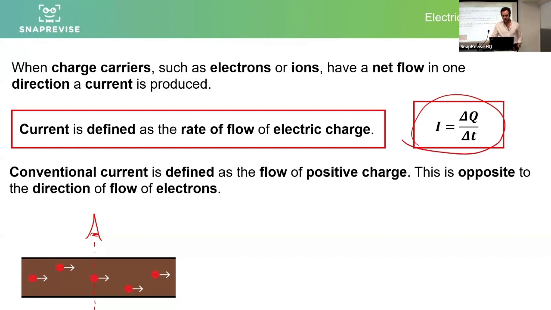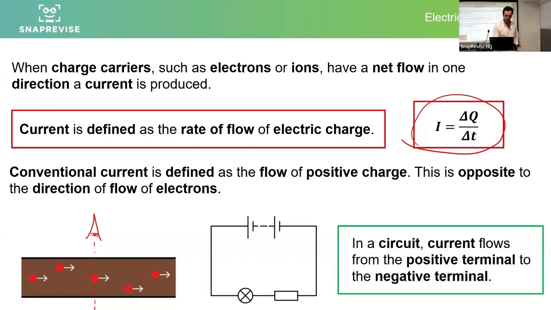A sort of speedometer for your electric flow. Conventional current is defined as the flow of positive charge. This is regrettable because electrons carry negative charge. And so when we draw a circuit, the convention is that for batteries, the longer side is the positive side and the shorter side is the negative side. And the current flows from positive to negative.